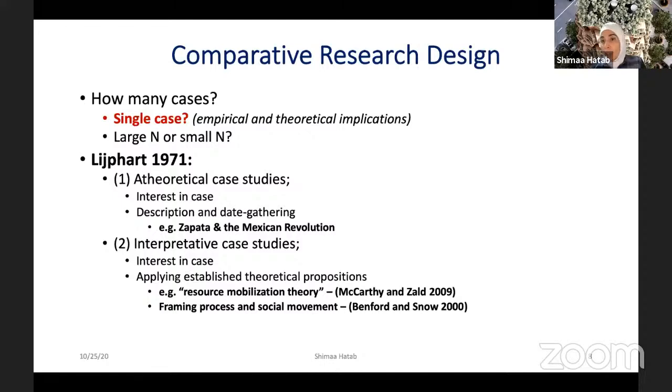So you have here X and Y, and you don't aim at building a theory or coming up with a general statement, but you need to understand how already existing theories, like resource mobilization theory, apply.